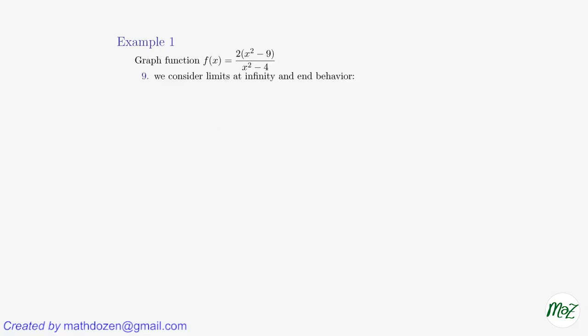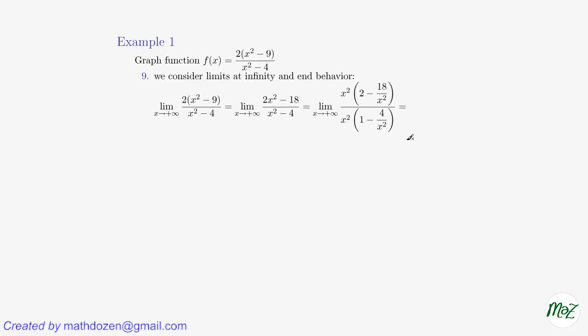Then on to the last step, we consider limits at infinity and behavior of this function. So the limit as x goes to positive infinity of the original function is a limit of the same expression when we distribute 2. And then we're going to take out x squared, so that we have x squared times 2 minus 18 over x squared, and x squared times 1 minus 4 over x squared here.